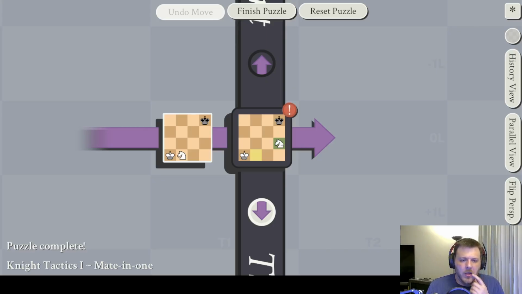Oh, okay, so this knight is checking this king because it's 1 step back, 2 steps forward. So 1 step back in time, 2 steps across the board. So that's an L attack. Yep, and there's nothing he can do to prevent that.